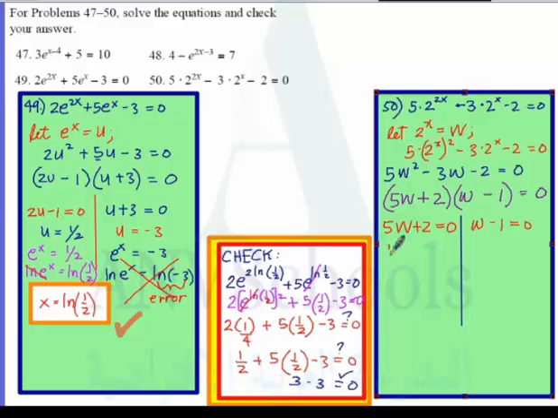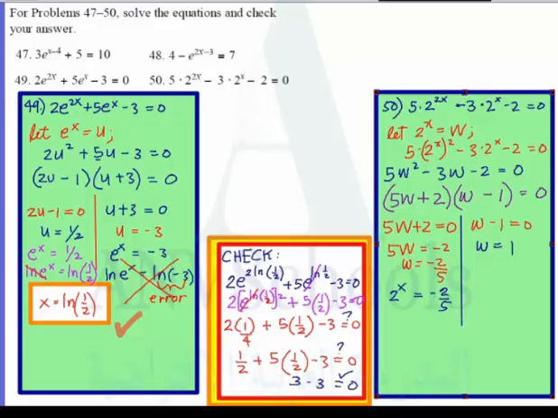My w here, 5w is equal to negative 2, so my w here is negative 2/5. On the other hand, we have w is equal to 1. But take note that w is 2 raised to x, so 2 raised to x is equal to negative 2 over 5.